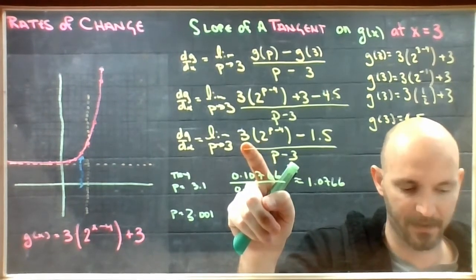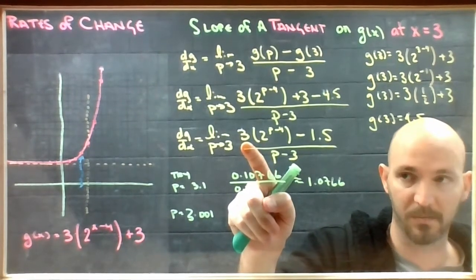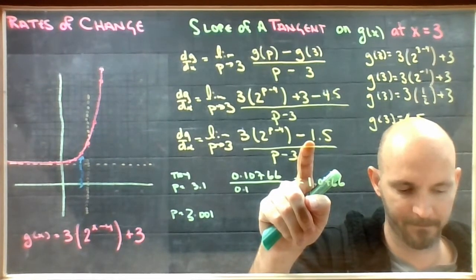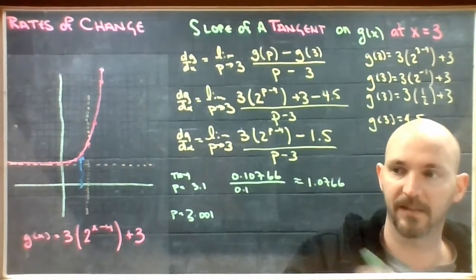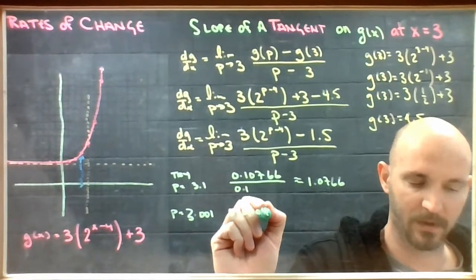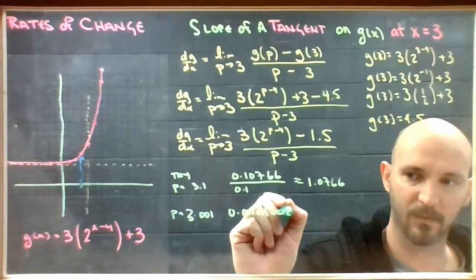Multiply that by 3, gives me 1.501, minus 1.5 gives me 0.00104000812.